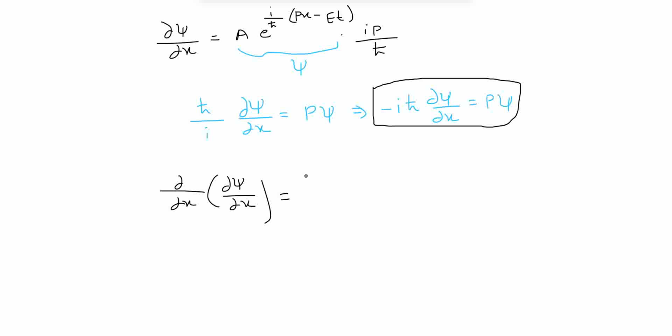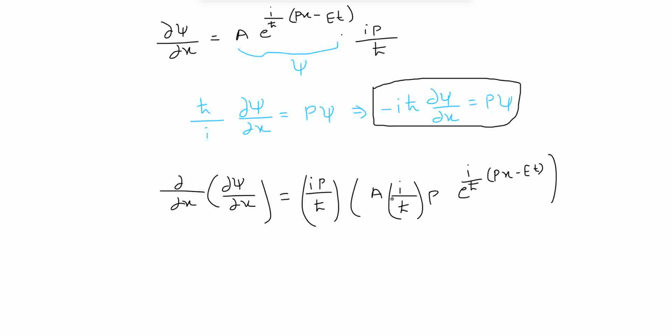Already we have i p by h cross, and when we differentiate that, we get again i by h cross into p, times A e to the power i by h cross (px minus Et).